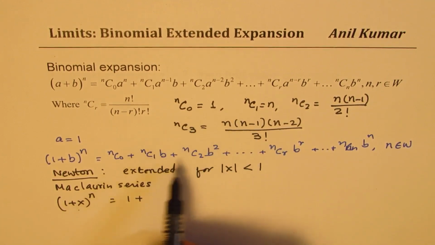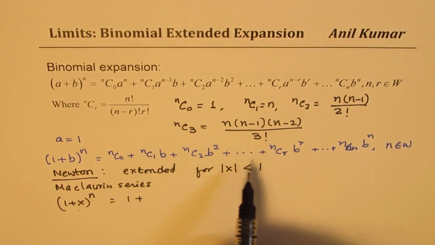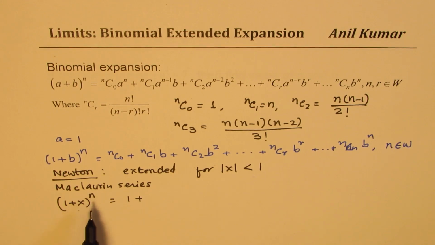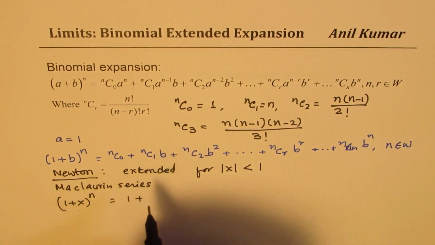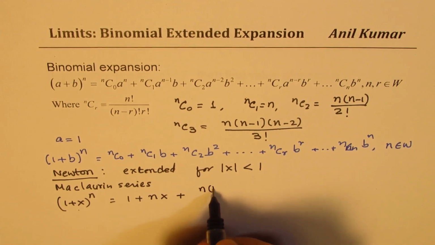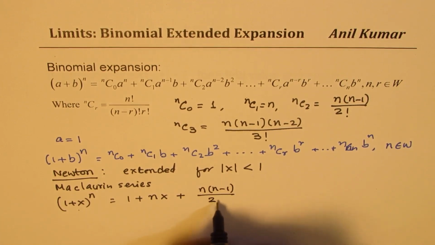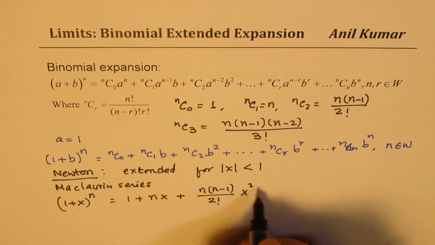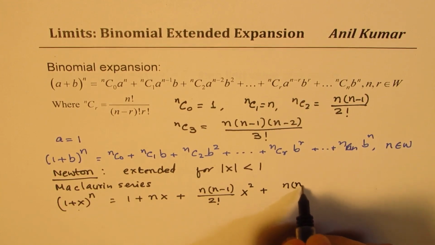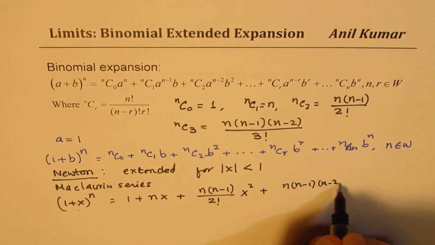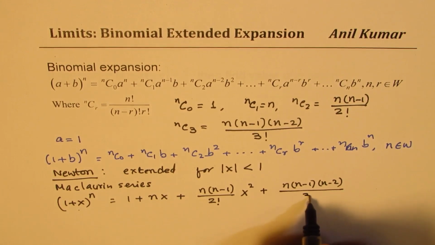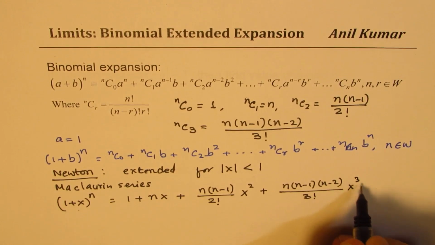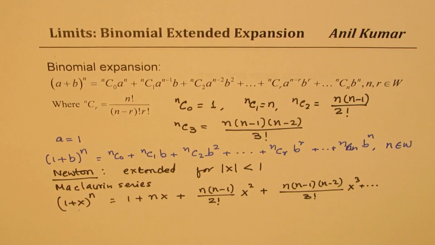Exactly the same formula. However, you can use n as a rational number. That's very important, right? So we'll write this as nx plus n times n minus 1 over 2 factorial x squared plus n times n minus 1 times n minus 2 over 3 factorial x cubed, and so on. You get an idea, right?